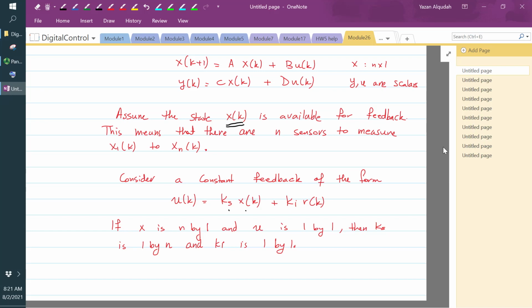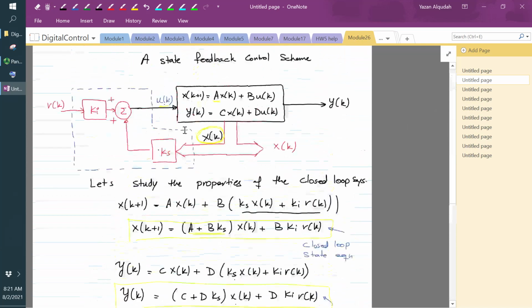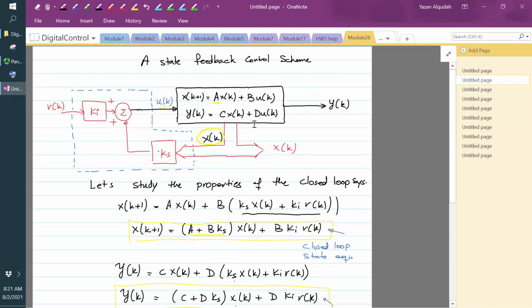If the system is controllable, then I can use state feedback in order to place the poles of my open loop system at any location. And this is how it is done. We take the states, multiply by a constant, take the input signal, multiply by a constant, and use that as the input of the open loop system.